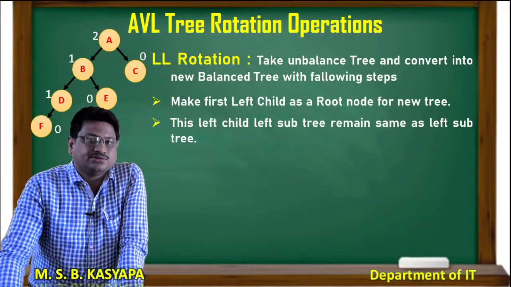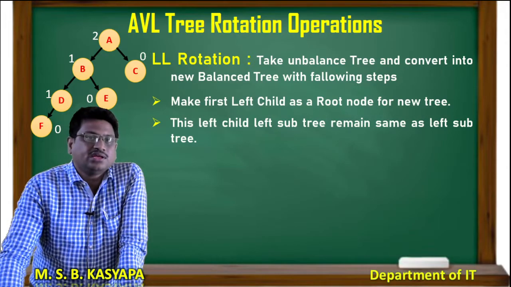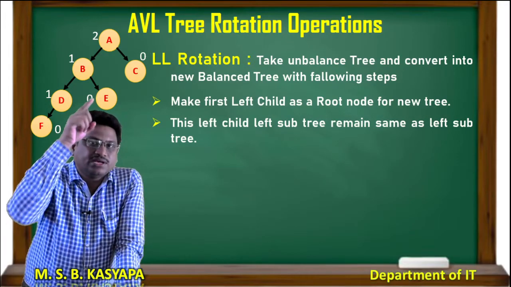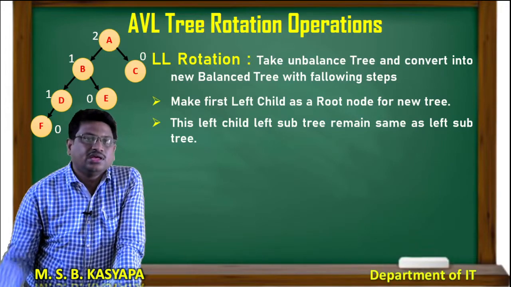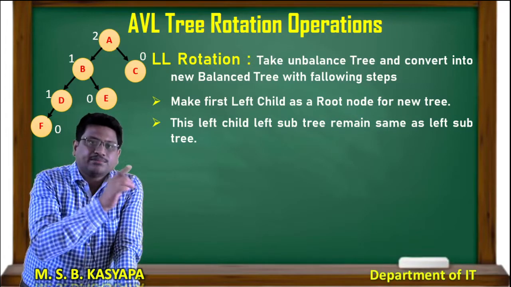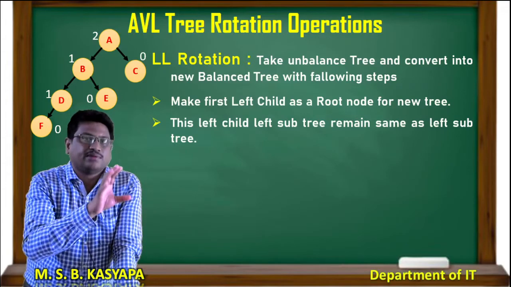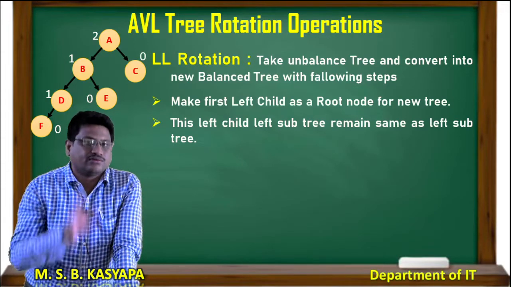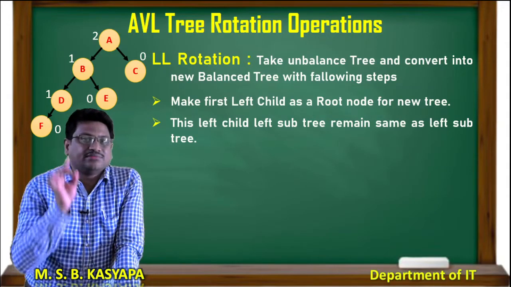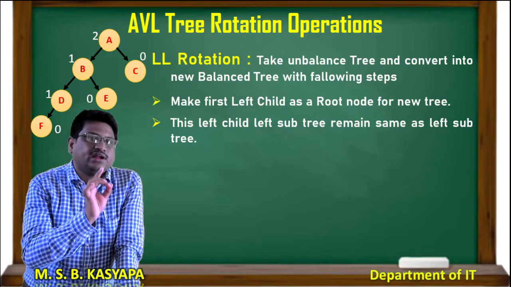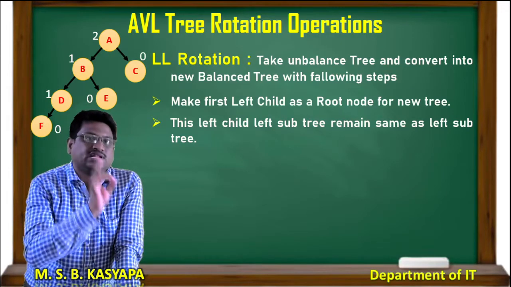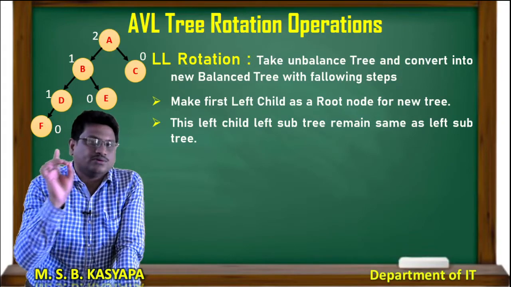Once B becomes the root, B's left subtree remains the left subtree for B. First I am taking the first left child as the root node. Now, what do I have to do?